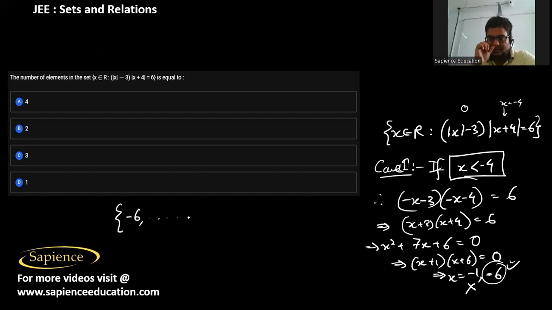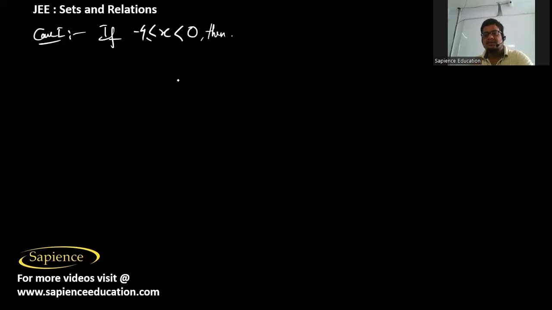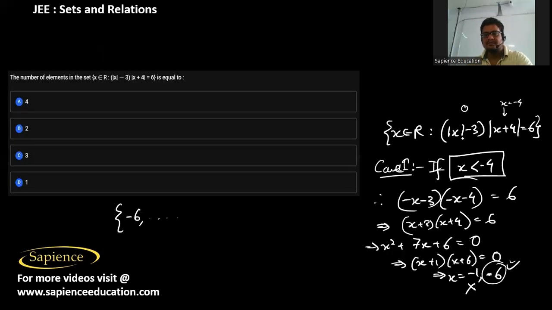And then we can take case 2. Case 2 is that if x is more than or equal to -4 but less than 0. So then we can say that this will be minus x minus 3, and x is more than -4, so it will be x plus 4, that is equal to 6.